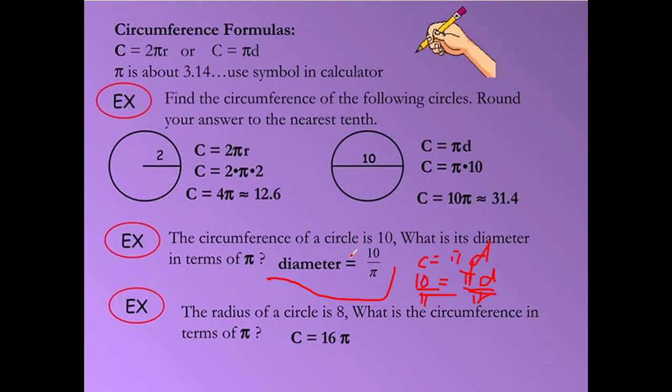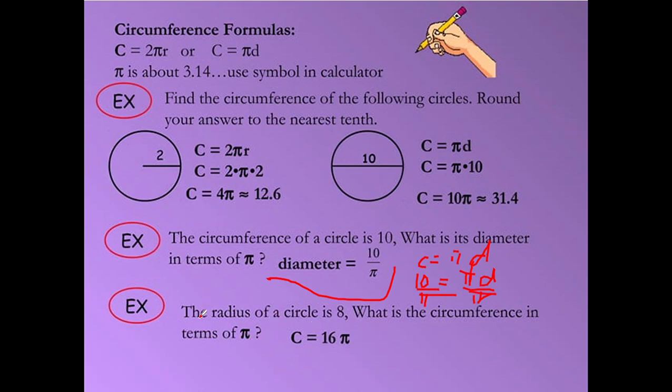You can also just compute 10 divided by 3.14 to get the answer for the diameter. Let's use our calculator. 10 divided by 3.14, the answer is 3.18. Rounding off to the nearest tenth, we have 3.2. 3.2 is the answer.